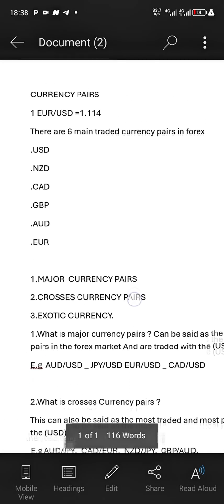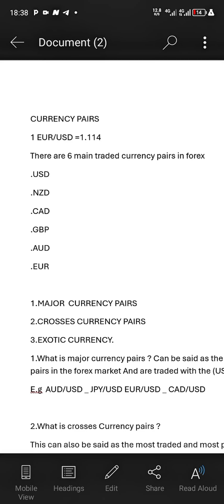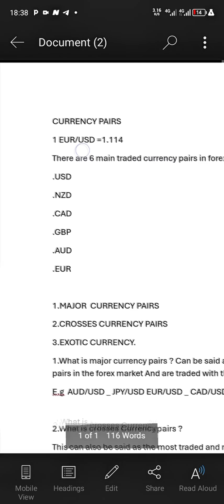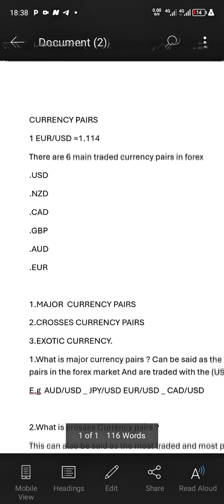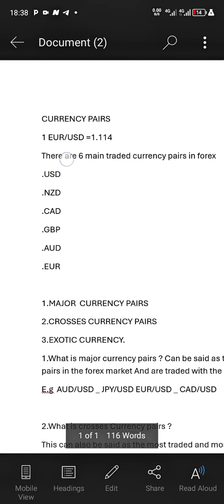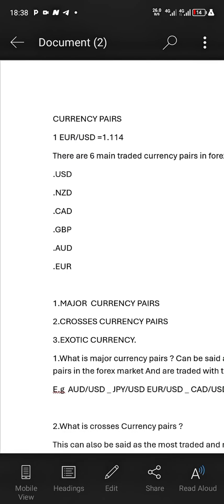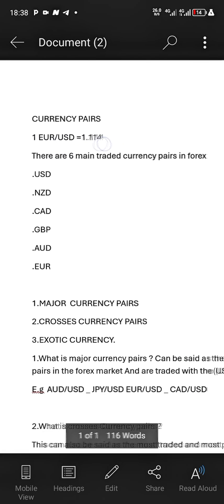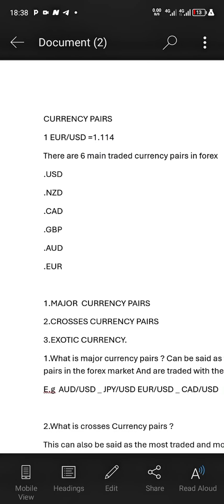So now, you see this currency pair where we have the €1 and the United States dollar. This is the United States dollar here, 1.114.